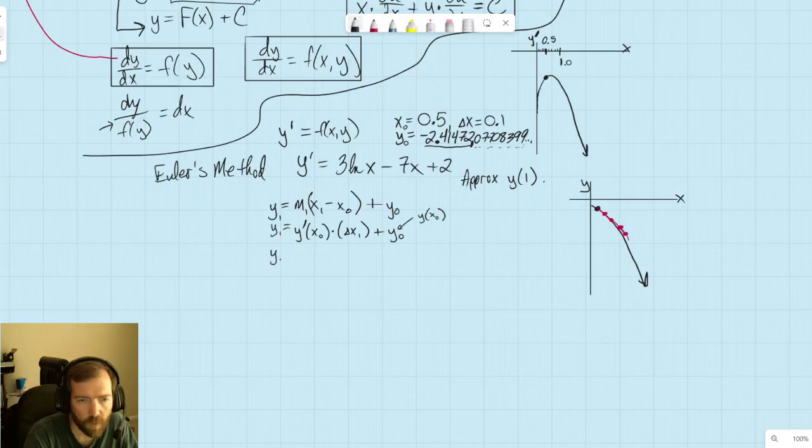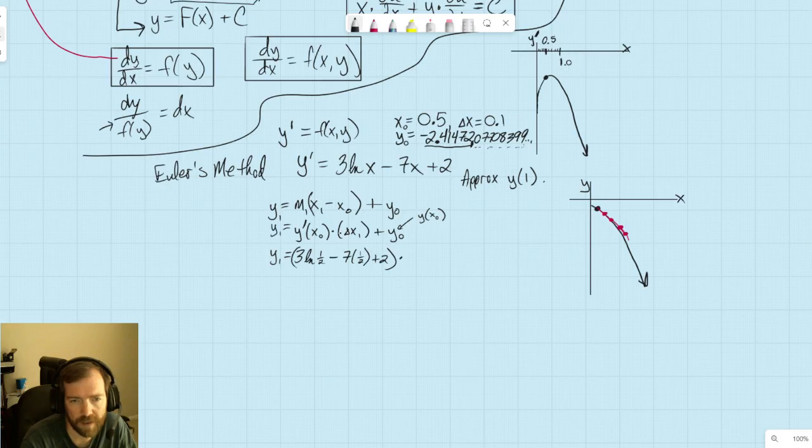Okay, so y1 is going to be equal to y prime at x0. Well, x0 is 0.5, so this is y prime here. So this is going to be 3 natural log of a half minus 7 times a half plus 2. There you go. There's your y prime at x0.